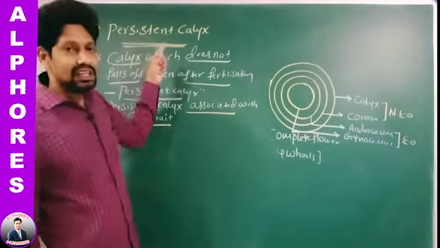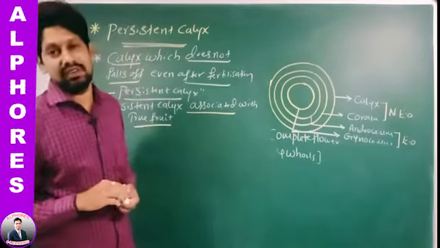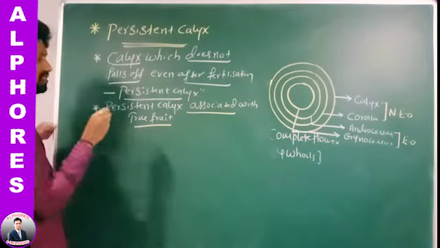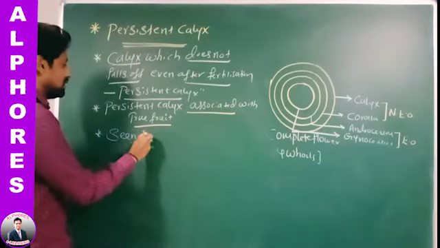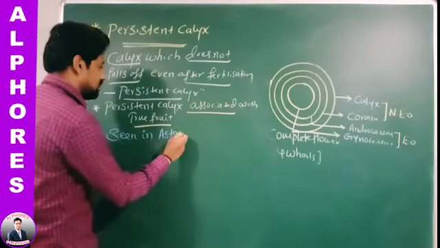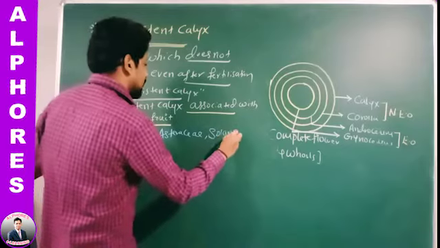Sir, persistent calyx is seen in Asteraceae family and Solanaceae family. Persistent calyx is seen in which family, sir? Seen in Asteraceae family as well as in Solanaceae family.